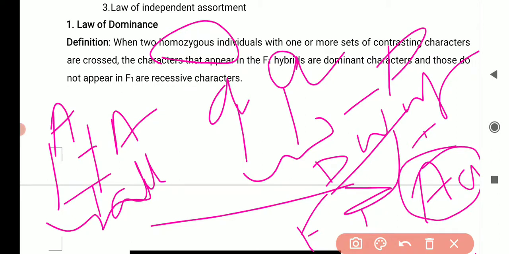That is, they will appear tall, because the tall gene is dominant to the dwarf gene. So we can say that the character which is tall is dominant and the character which is dwarf is recessive because dwarfness did not appear in the F1 generation. Very simple.